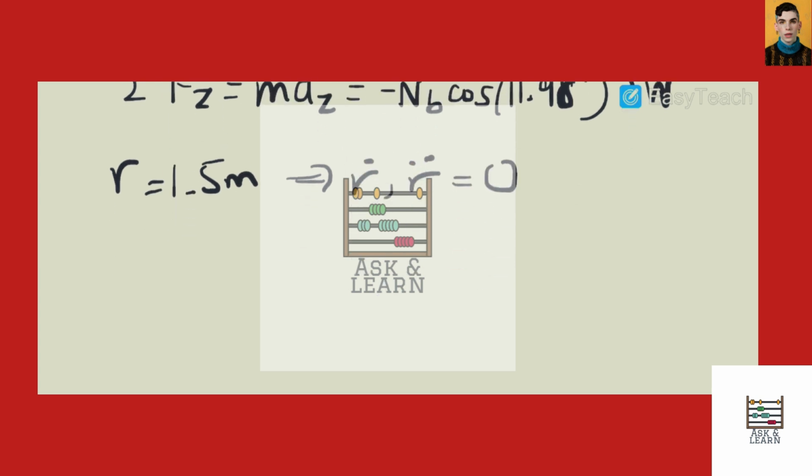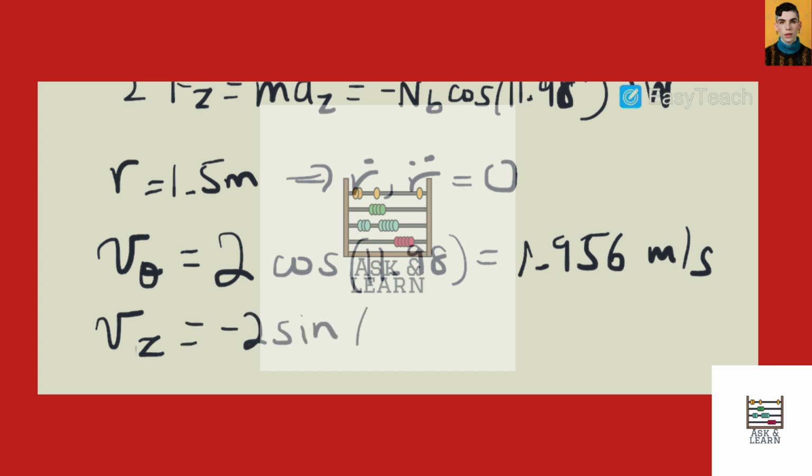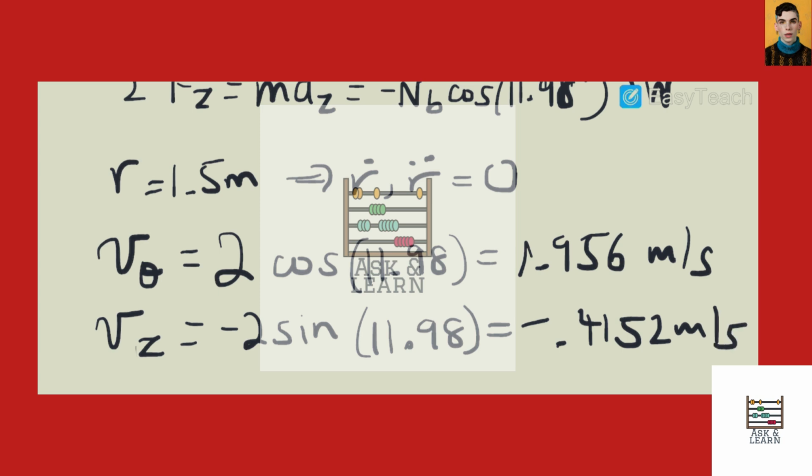Next, we can solve for v theta, which is equal to our speed times cosine 11.98, and this gives us 1.956 meters per second. We can also solve for our vz, which is equal to negative speed times sine 11.98 degrees, and that gives us negative 0.4152 meters per second.